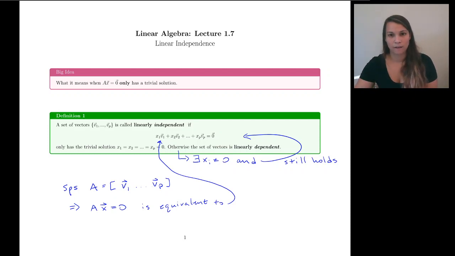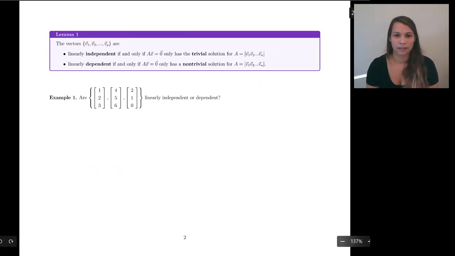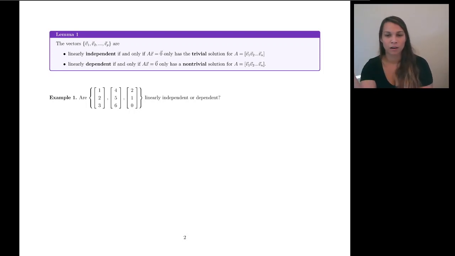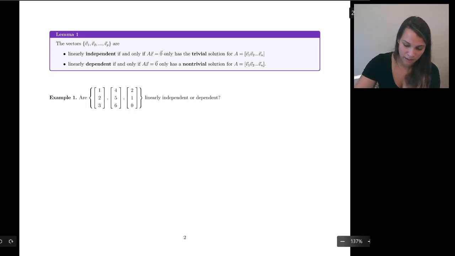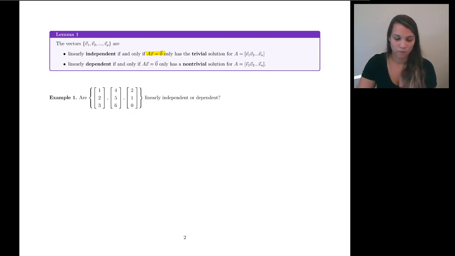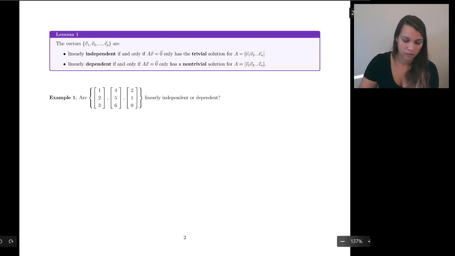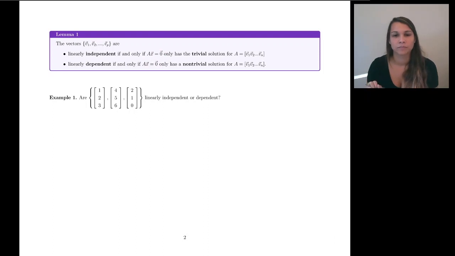So in fact, our very first lemma is about Ax equals 0. The vectors v1 through vp are linearly independent if and only if Ax equals 0 has only the trivial solution, for A equal to all those v's as columns.